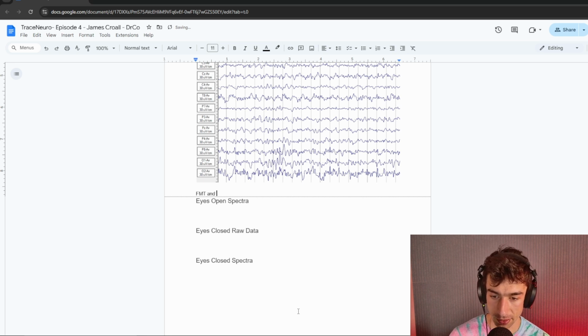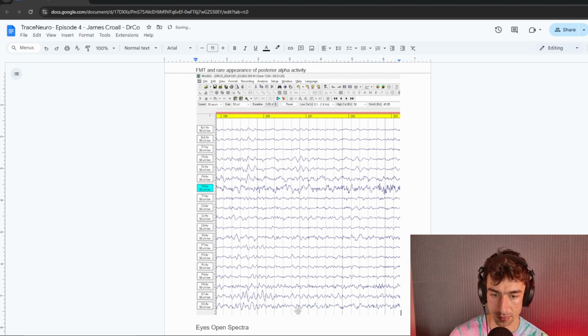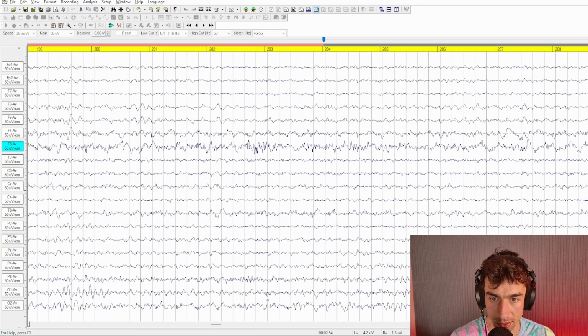Frontal midline theta and rare appearance of posterior alpha activity. Right, this is one of the few times that we see something within the alpha band actually pop up at the back of the head.